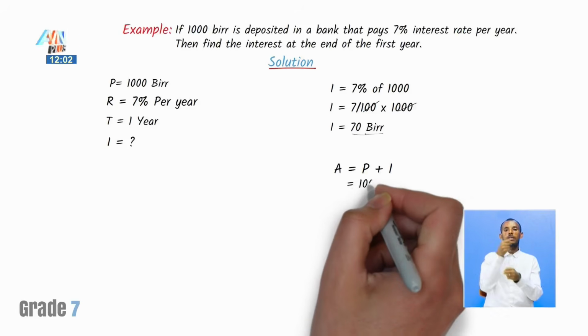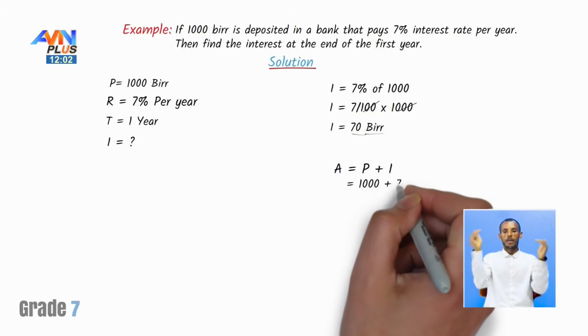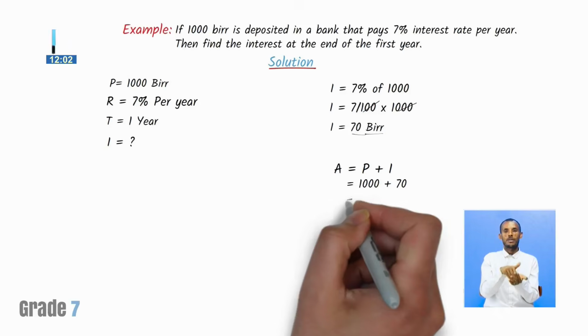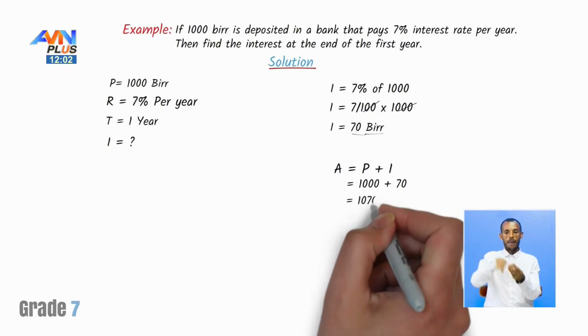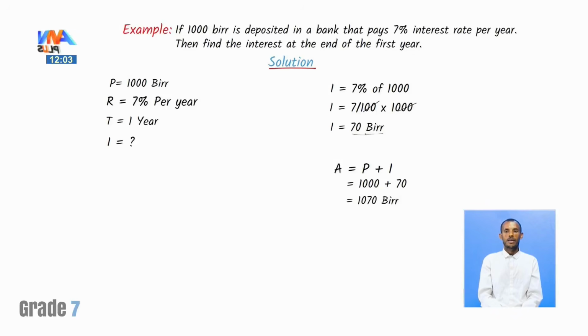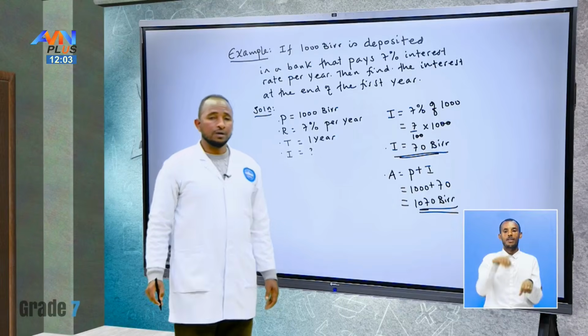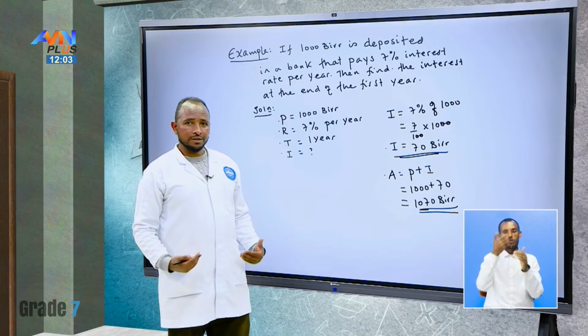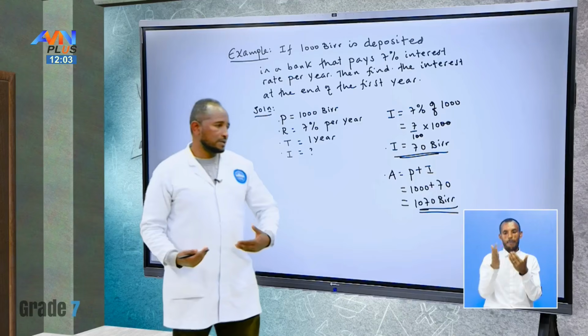The principal is 1,000 plus the interest 70. So together you will have 1,070 birr. This will be the amount.